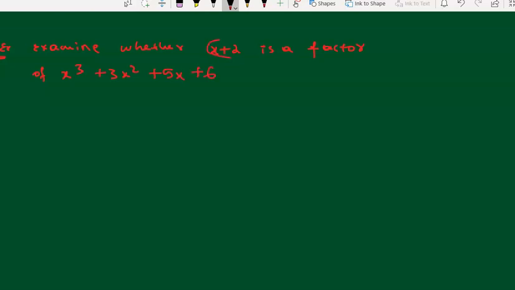Here you have to check whether this is a factor of this. If you want to say it is a factor of this, the remainder should be 0. If the remainder is not 0, then you can say it is not a factor of it.